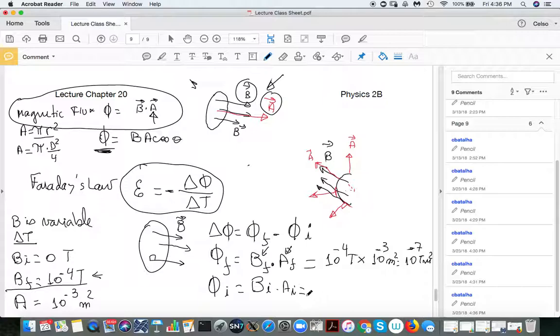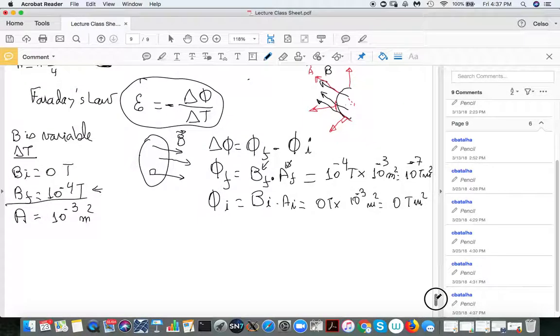And the initial magnetic flux: the initial magnetic field is 0 Tesla, and the area, since it doesn't change, is the same, so the flux is 0. Okay? So let's say these changes occur in a time frame of 1 millisecond.